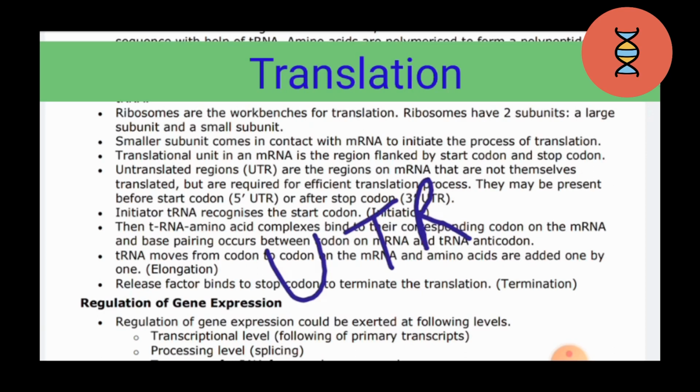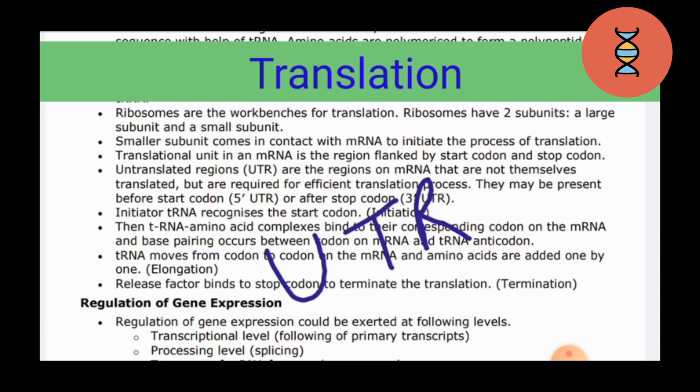Present prior to and after the initiation codon and stop codons, these base sequences are not translated during protein synthesis. So these UTRs are present at the 5' end and at the 3' end, right? So before the initiation codon and after the stop codon.